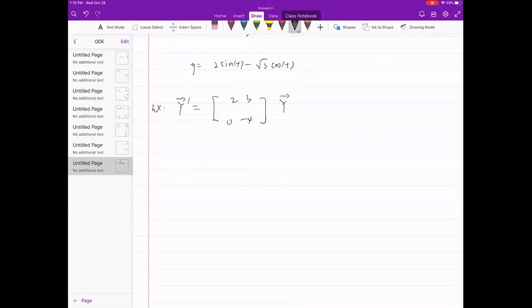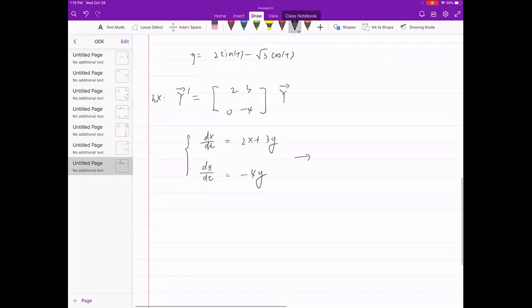Again, we need two linearly independent solutions, and then the rest will be all possible linear combinations. If you think about it, we can look at it and determine this system is partially decoupled.